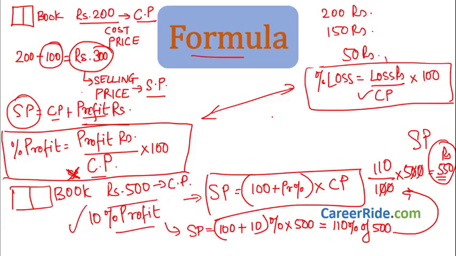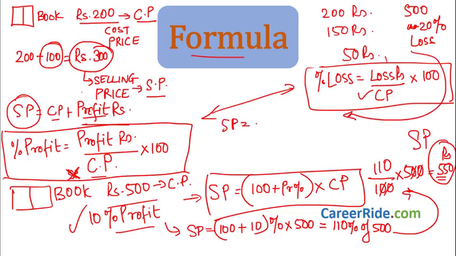Same way for loss, if someone says that the cost price of a book was 500 rupees and I sold the book at a 20% loss, so at what price did I sell the book? Selling price would be 100, that is the maximum percent, minus the loss percent, since loss means we have lost money, so we subtract, exactly opposite that of profit, and multiplied by cost price, just like the previous formula.